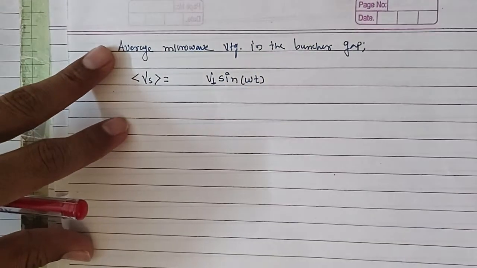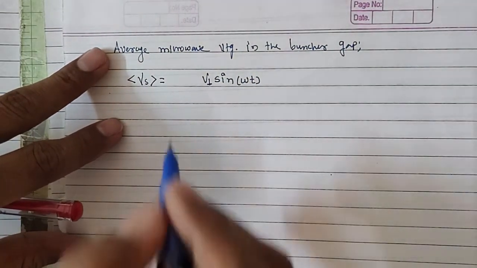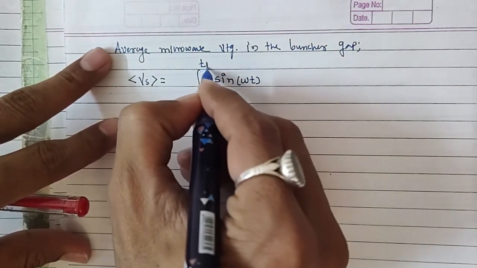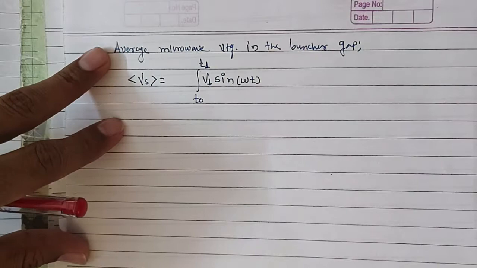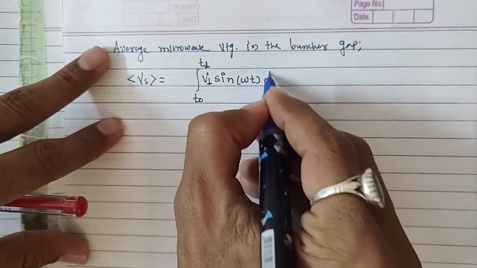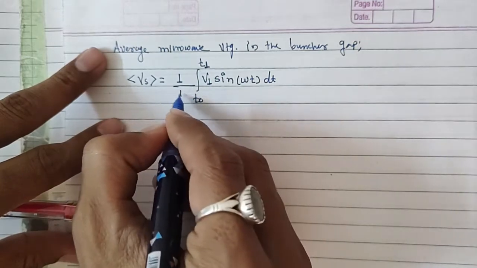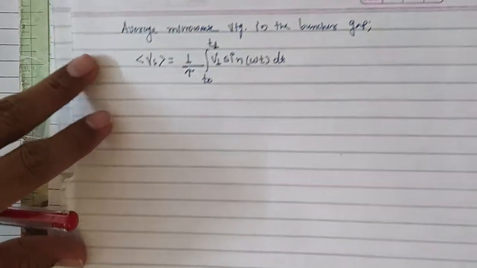So we'll take the integration of this to determine average value, from t0 to t1 of the signal over dt, and the base is 1 over tau, the transit time. So this is average signal.